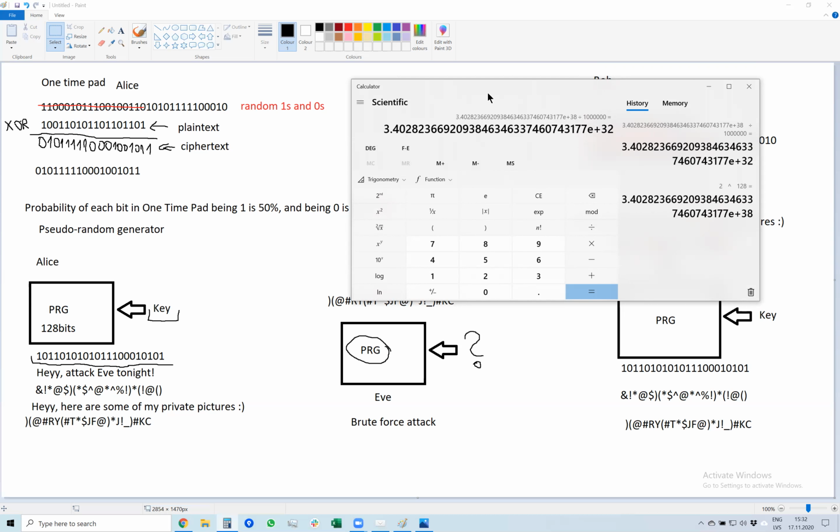Each of these microcontrollers, I just know one example. There is this microcontroller from Silicon Labs, which can run at 48 megahertz, and it needs 56 clock cycles to do one Advanced Encryption Standard try, one encryption. So let's say it basically gets us to 1 million tries per second.